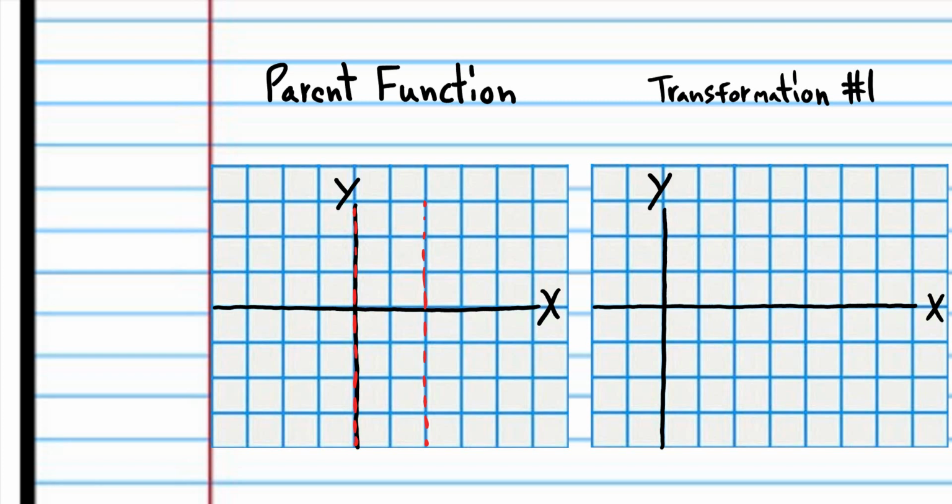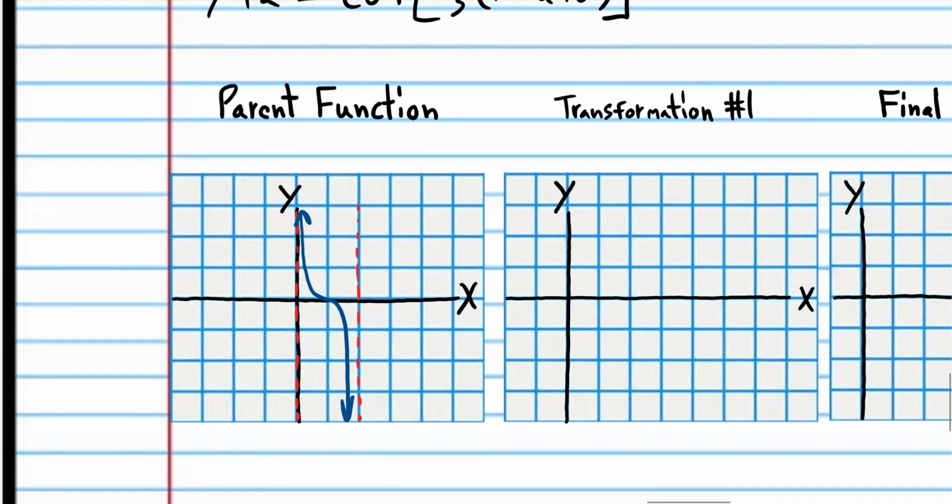And again, we're just going to draw one cycle. So one cycle is 180 degrees. That's all we need. But these keep going on and on and on. Not quite like that, but you get the point. In both directions, they just keep going on and on and on. So that is y is equal to cotangent x.